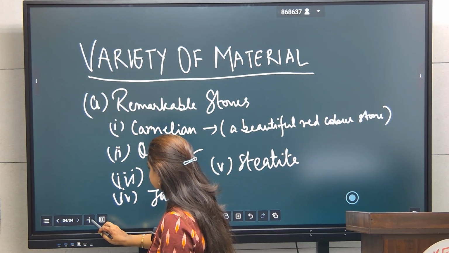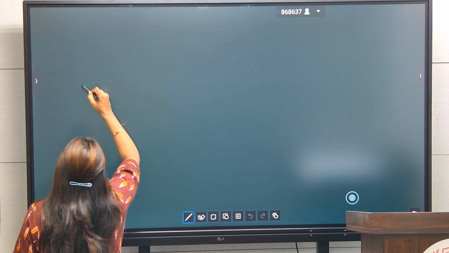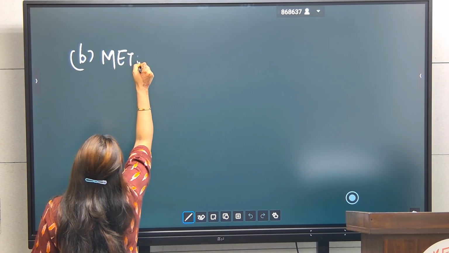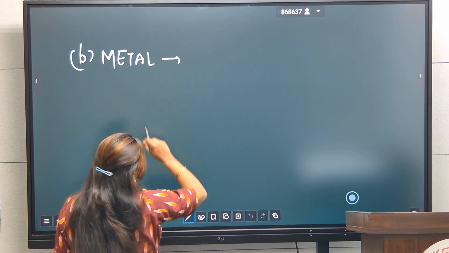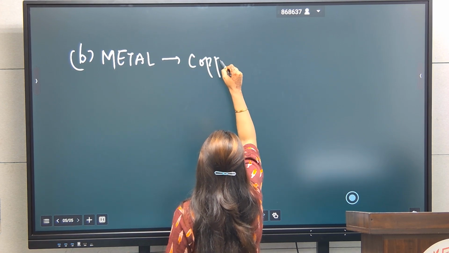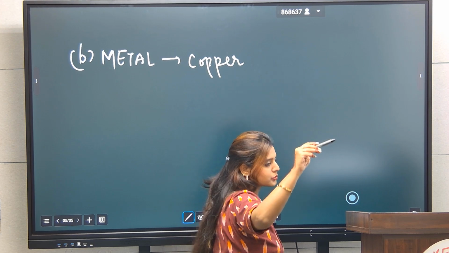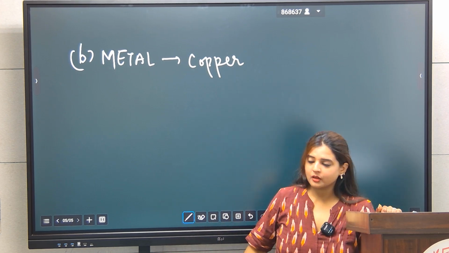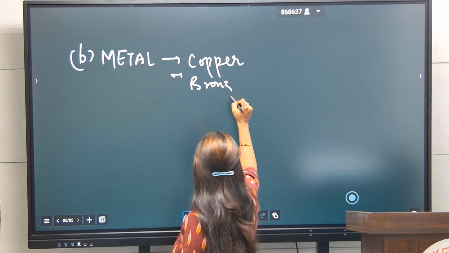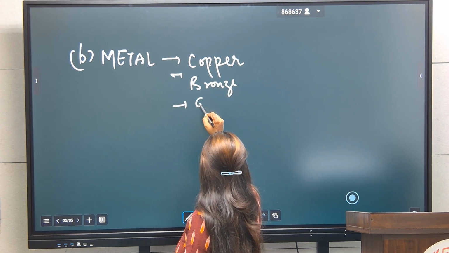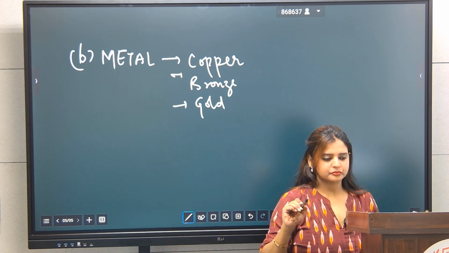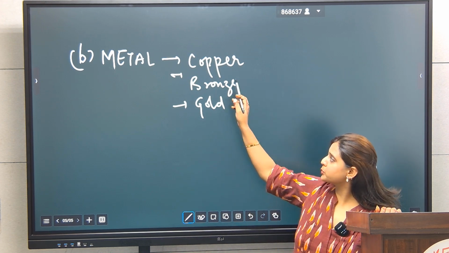What else was used? Metals. Copper was used. Bronze was also used. Gold was used. These three metals were used for craft.